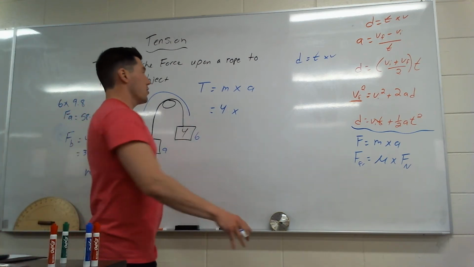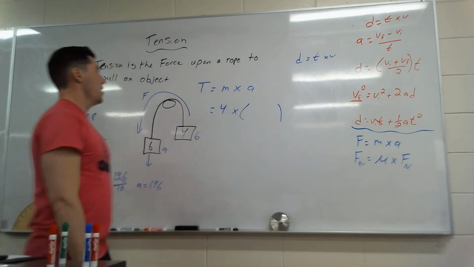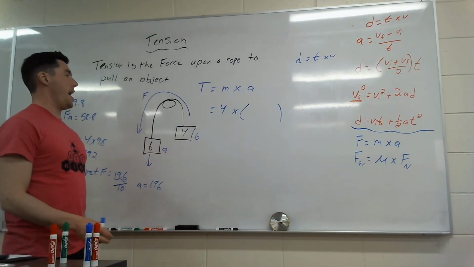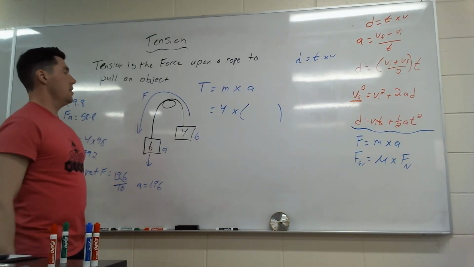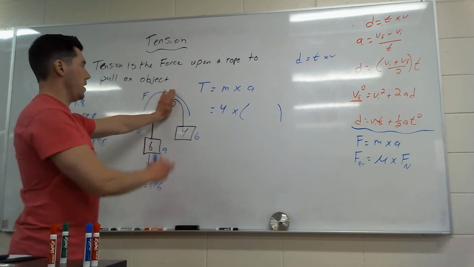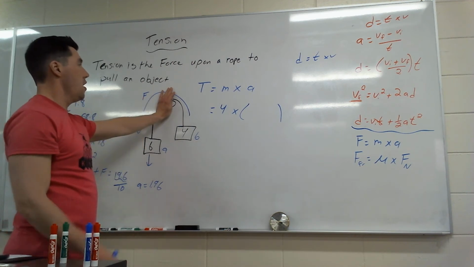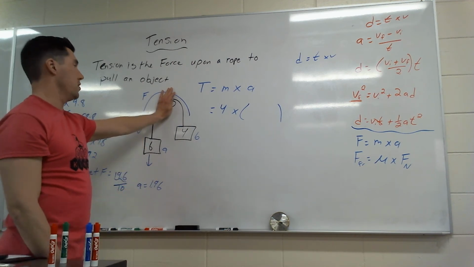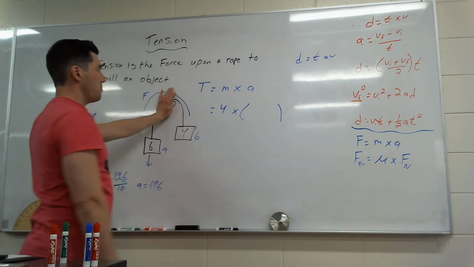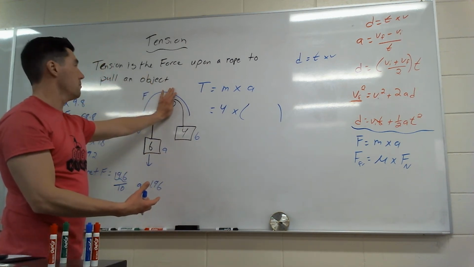The problem is I'm not just going to put 1.96 in here. Okay? Because what else is acting on this? Imagine just this rope by itself, from right here down. If there was nothing pulling, what's the tension of the rope? It's going to be the mass of 4 times 9.8, because gravity is pulling it down.